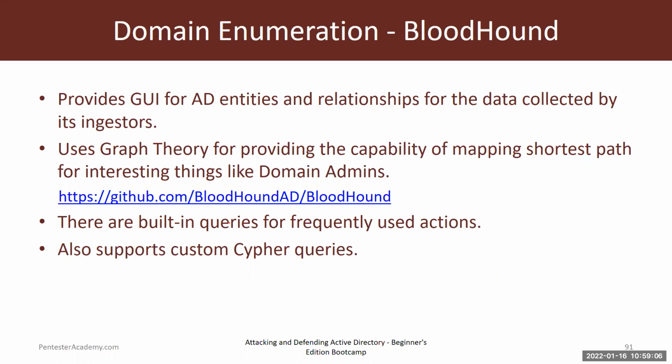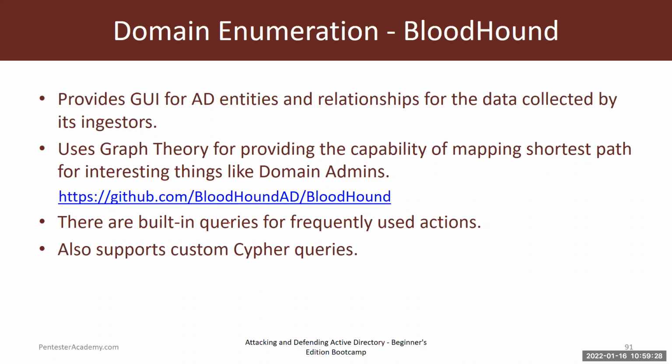but if you use it smartly, then very useful for red teamers as well. So what BloodHound does is it provides you a very nice graph-based visualization of an Active Directory environment. It provides you a snapshot of the current state of Active Directory.